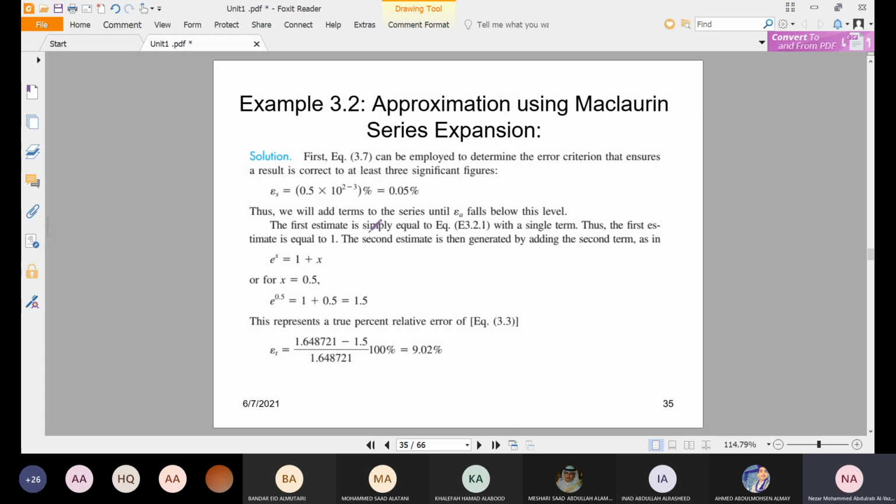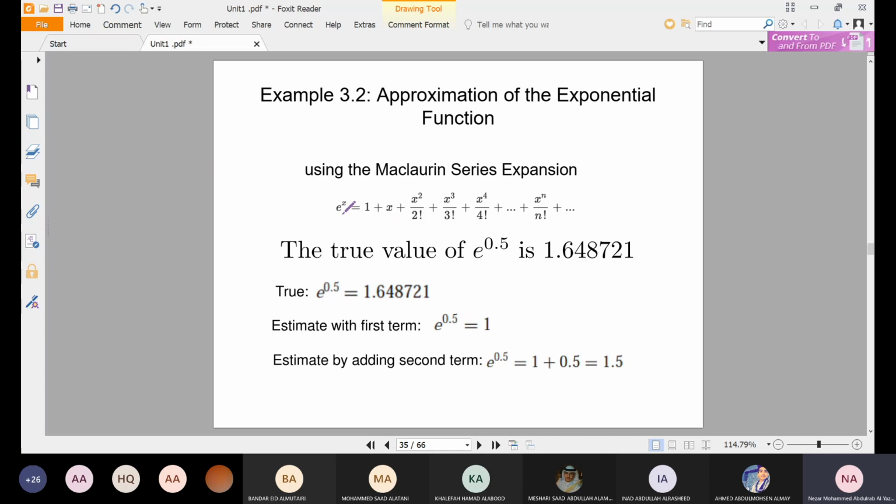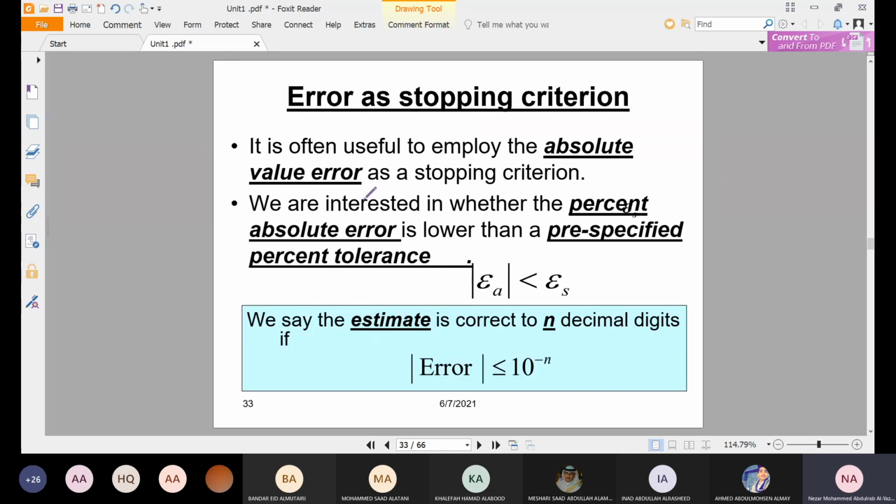So we have criteria for stopping, which we call the stopping criteria. For example, here in the approximation errors, this is the formula that we have for error as a stopping criteria.